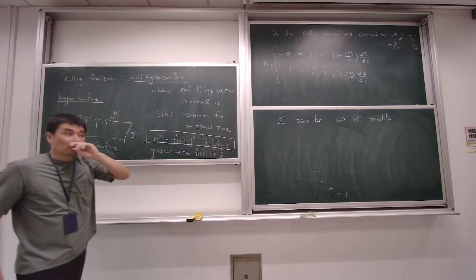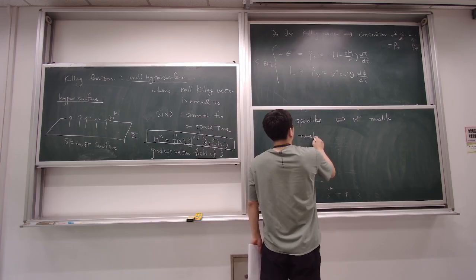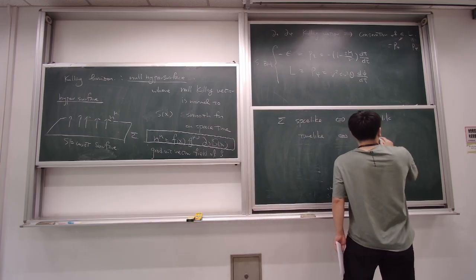Then sigma is time-like if n mu is space-like.